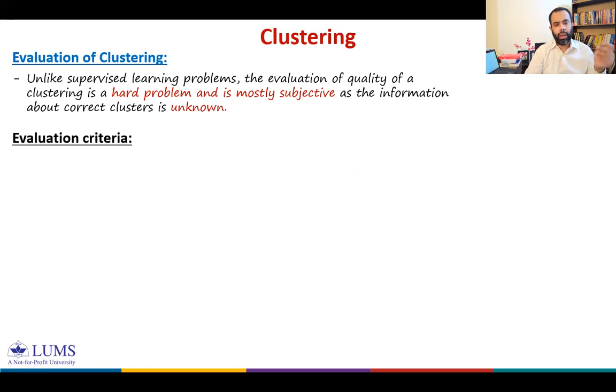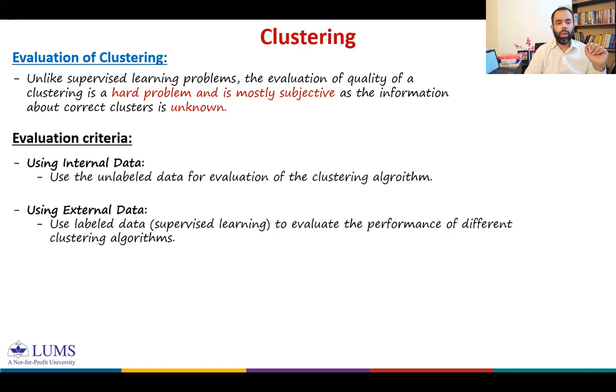There are different criteria which we can adopt to evaluate performance of clustering. They are broadly categorized in two categories: evaluation using internal data and evaluation using external data. In evaluation using internal data, we use the unlabeled data we have for evaluation of the clustering algorithm.